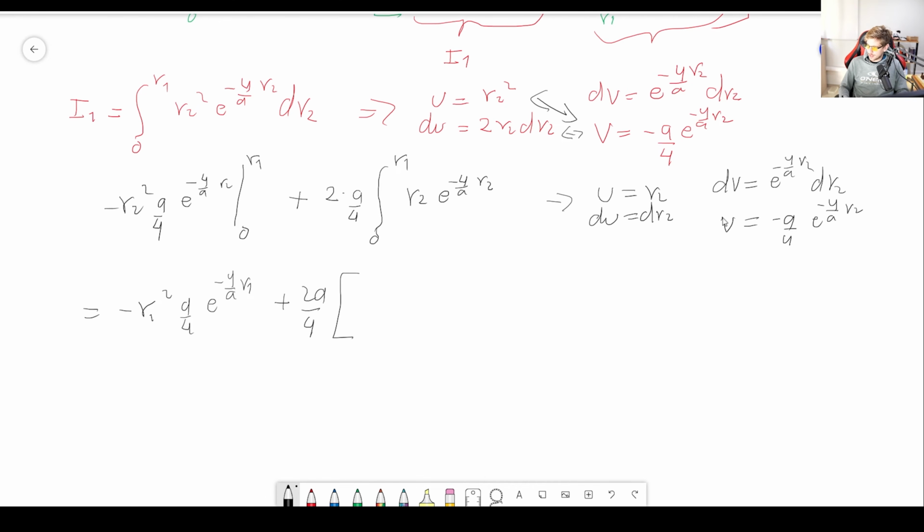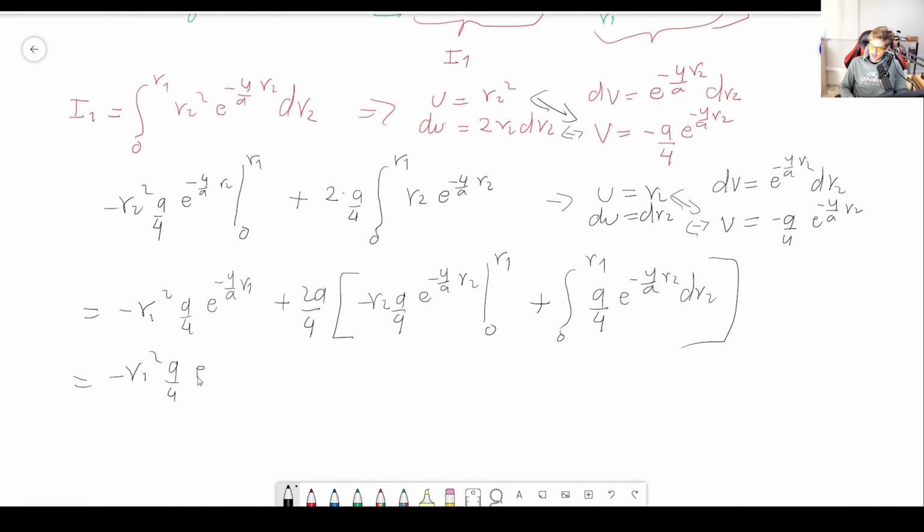Okay, so now multiply these two. So we get minus R2 a over 4 e to the minus 4 over a R2 between 0 and R1, minus another minus, so we get plus the integral from 0 to R1 of a over 4 e to the minus 4 over a R2 dR2. So the first part is going to be the same: minus R1 squared a over 4 e to the minus 4 over a R1, and then plus 2a over 4.